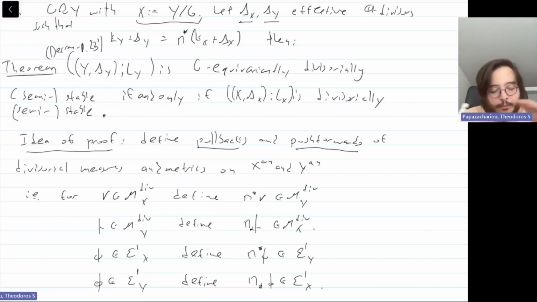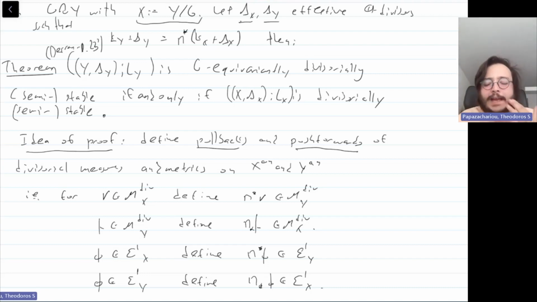And what I should have mentioned is that all of the constructions above about divisorial stability and K-stability can be generalized to log pairs. The reason I didn't do it is because it's much easier to discuss things for just a variety, and then extrapolate on how you would define it for log pairs.